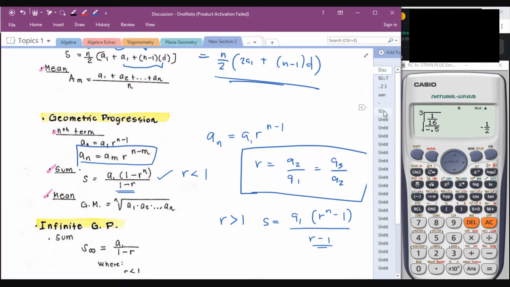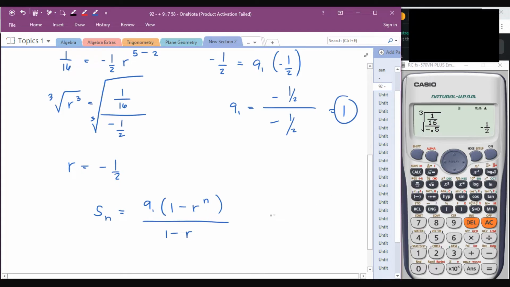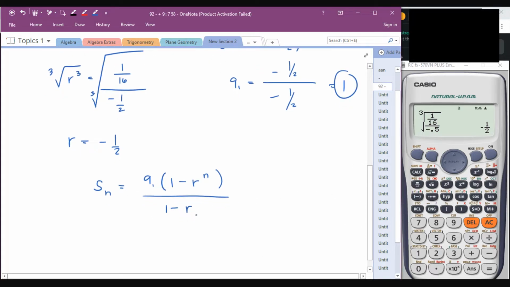So, we can now solve for the sum of all the terms. So, A1 is 1. 1 minus R, that is negative 1 half, raised to 8 terms, divided by 1 minus negative 1 half.